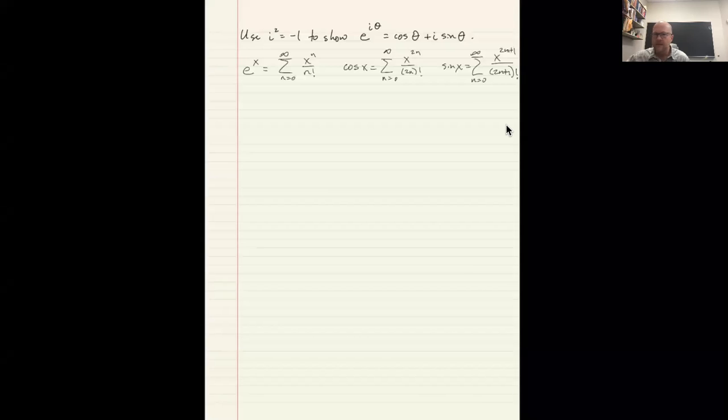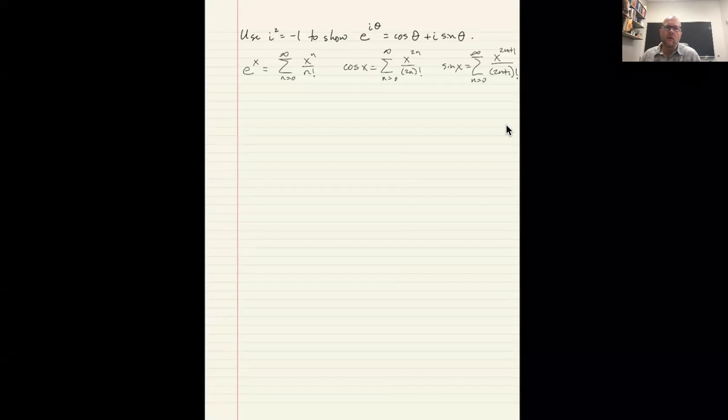But the next problem we have asks us to take a look at e to the i theta and show that it's equal to cosine theta plus i sine theta. So this is something that's referred to as the Euler Formula, and it's related to something else called de Moivre's theorem.